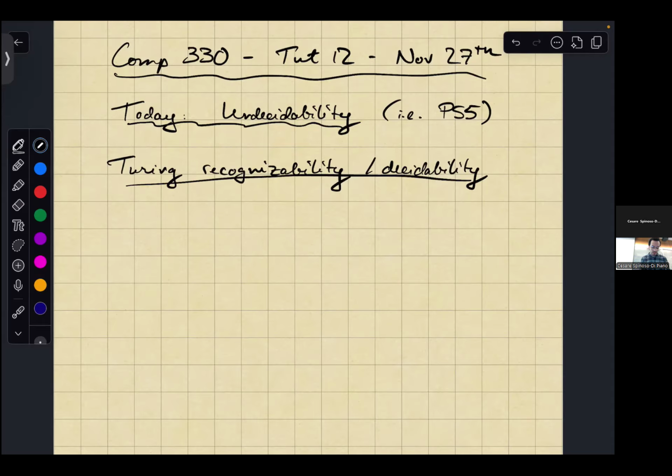In the lectures, these are typically referred to as recursively enumerable and as recursive. So these are classes or families of languages. But I think Turing recognizability and decidability are much more intuitive names, so I'll be sticking to those.